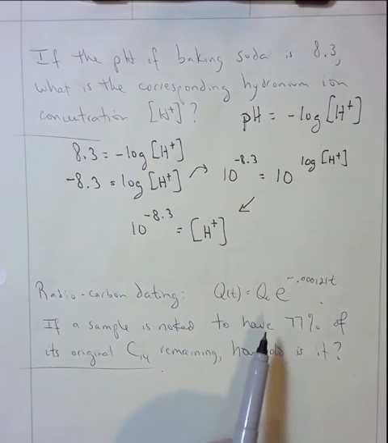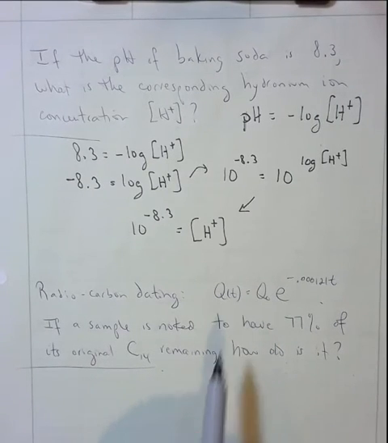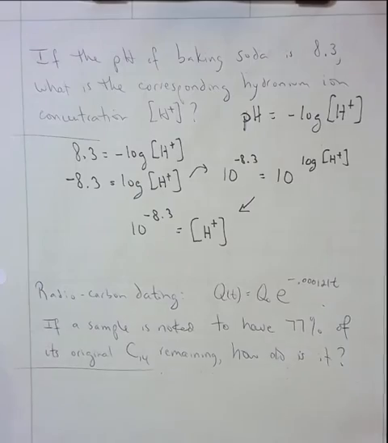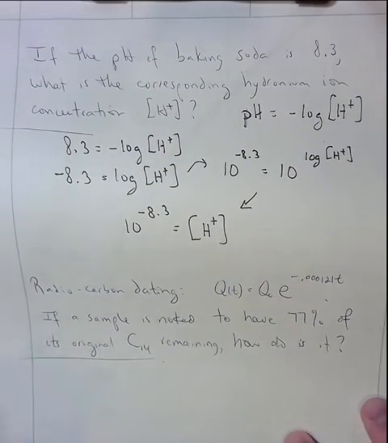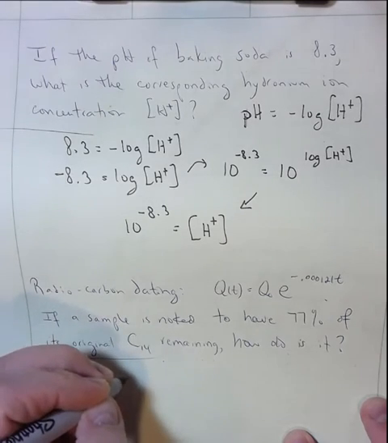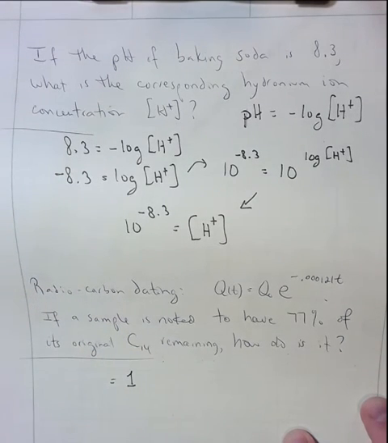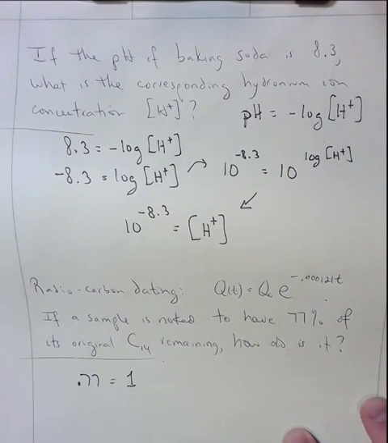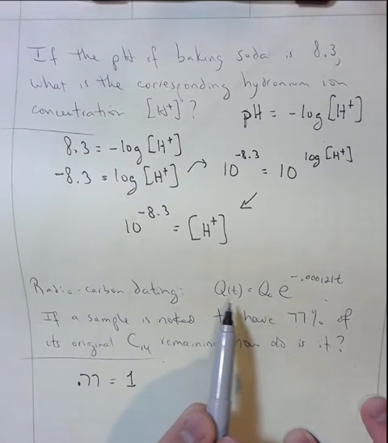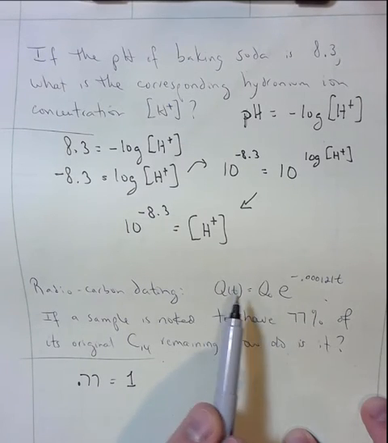Now, we're not told specifically an initial amount and a final amount, but we are told enough. We're told that we have 77% of the original C14 left. In other words, if we started with 1 unit of this C14, there's now 0.77 units left. Or we could have just written Q naught and 0.77 Q naught, and the Q naughts would cancel.